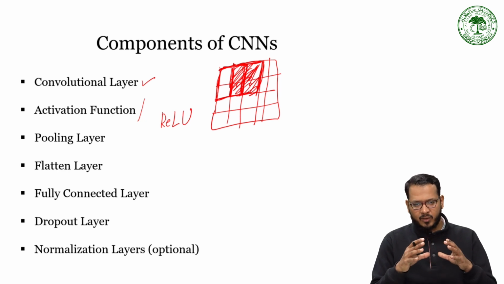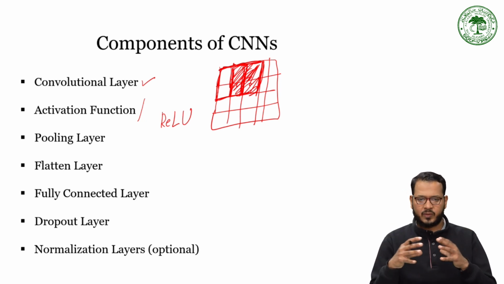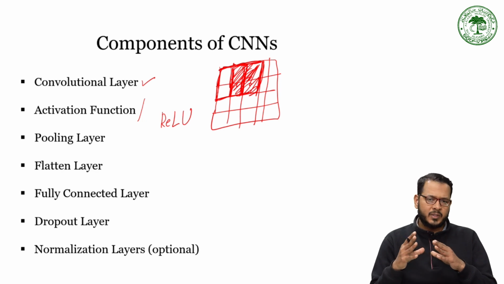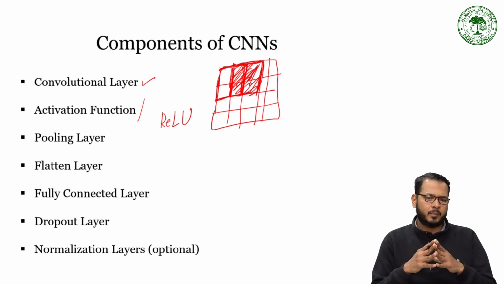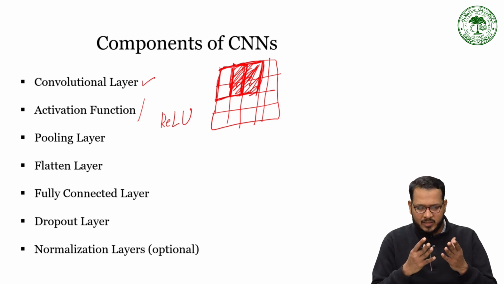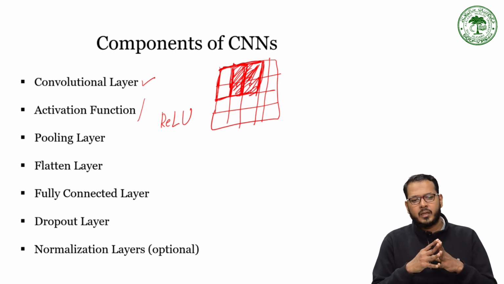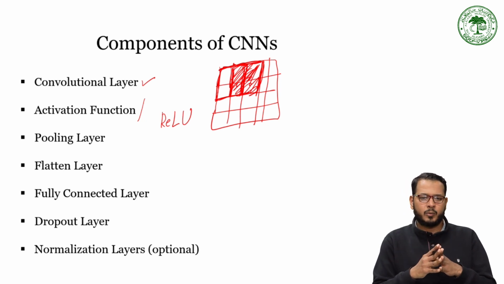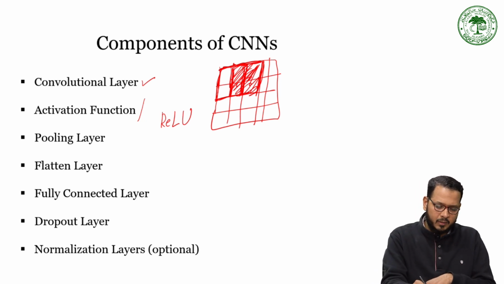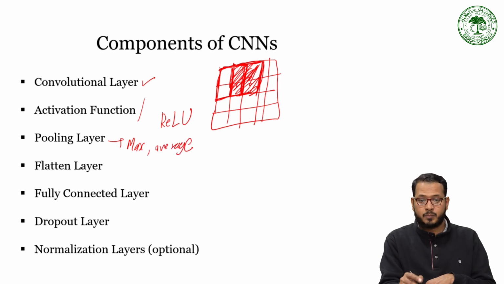So it is a way of reducing the size of the feature map, or to use a more generalized word, resizing the feature map. There are many types of pooling layers. The most common is the max pooling layer, but sometimes we also use the average pooling layer.